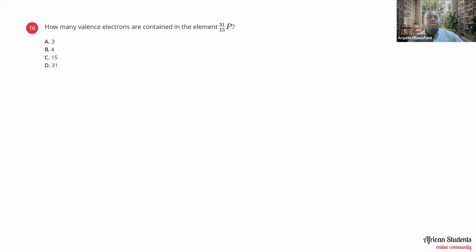How many valence electrons are contained in this element with mass number 31 and atomic number 15, P? Is it 3, 4, 15, or 31? So how many valence electrons can we get from this?